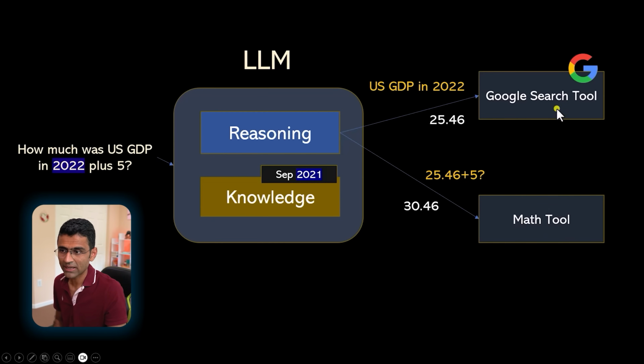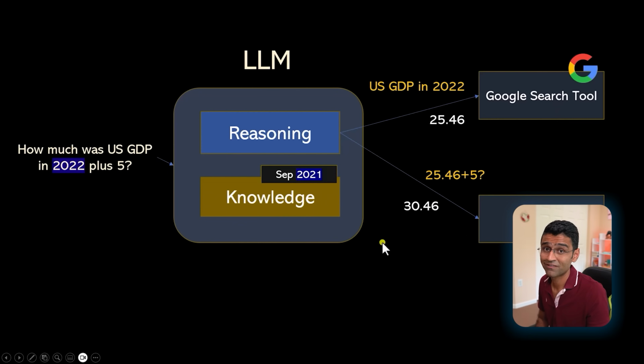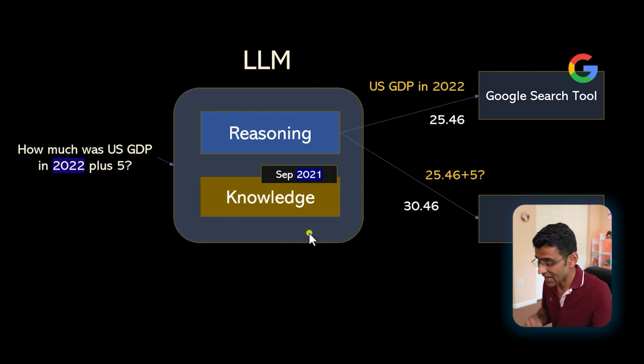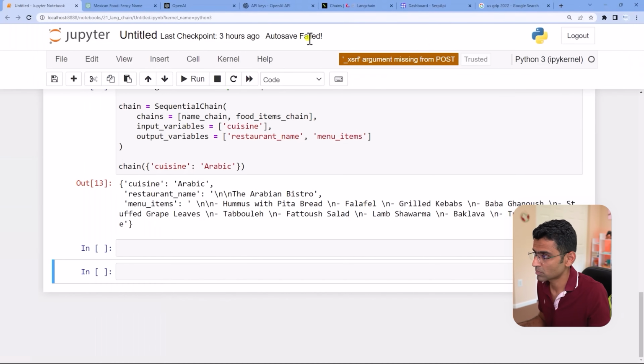All these tools like the Google search tool, math tool, and Wikipedia tool are available as part of Langchain, and you can configure your agent. So your agent is nothing but using all these tools and the LLM's reasoning capability to perform a given task. That is your agent. And this agent can be used in our Jupyter notebook. So that's what I'm going to show you next.